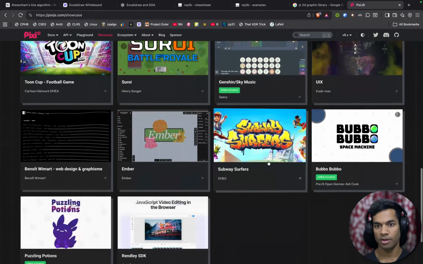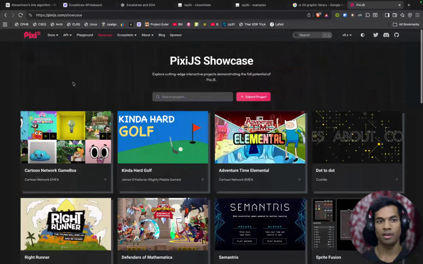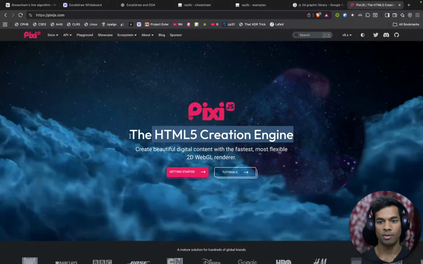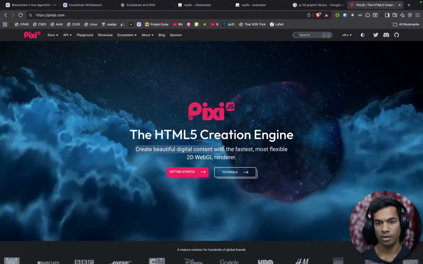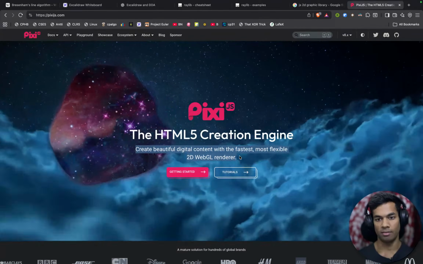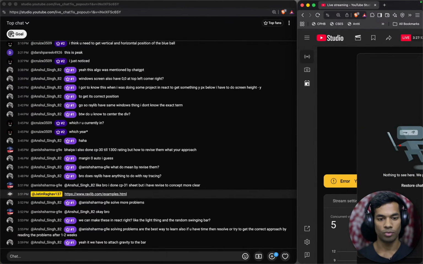UIX is also something. They have Subway Surfers in this library. So this seems like a good library. Pixi.js. HTML creation engine. Create beautiful digital content with the fastest, most flexible 2D WebGL renderer. Yeah, WebGL. That is cool.